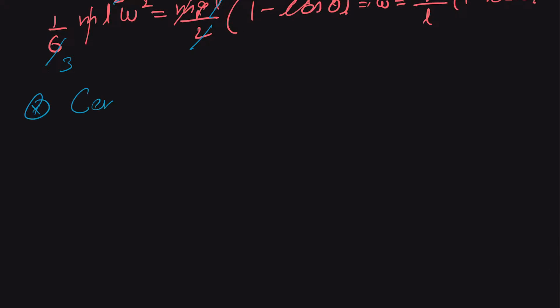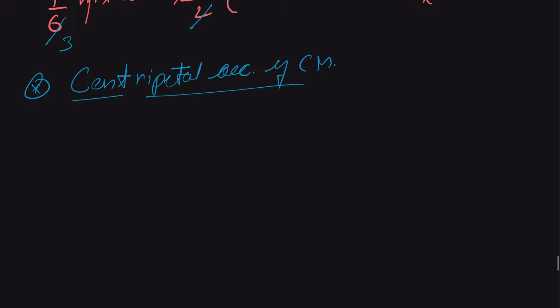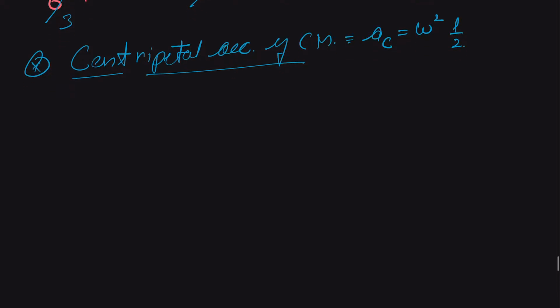So we can say that our centripetal acceleration of the center of mass, and let us call this AC, will be equal to omega square and the distance from the pivot, that is our L by 2.